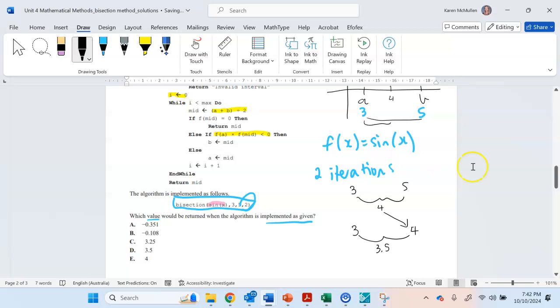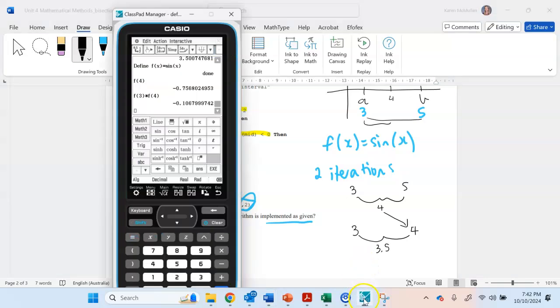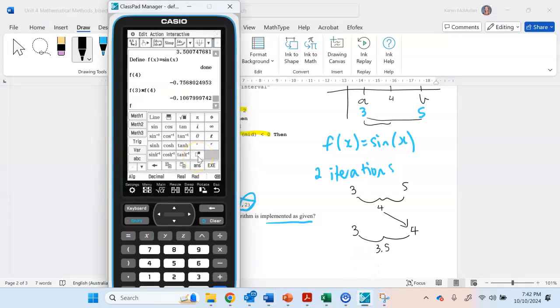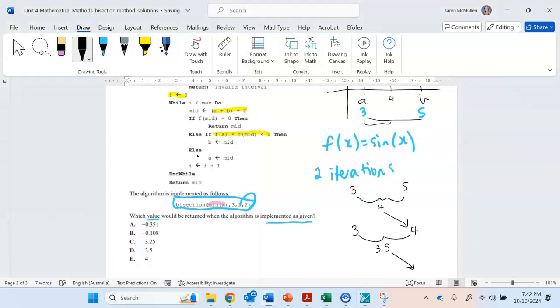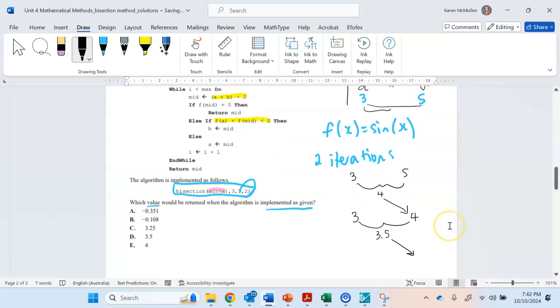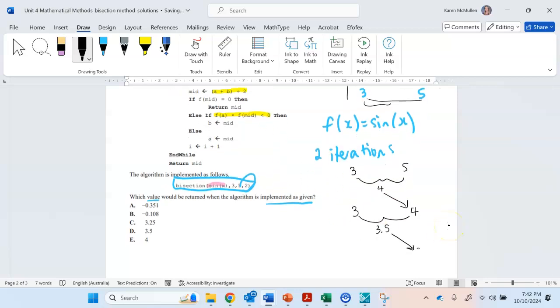Then we do f of 3 times f of c, which is 3.5. It's negative again, so that 3.5 goes over to b, and the value of a stays the same.